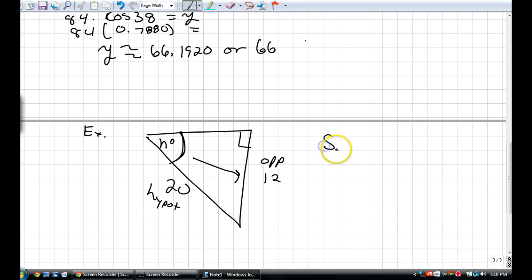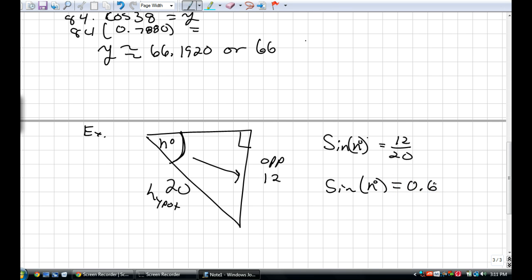I can set up the proportion sine of n degrees is equal to 12 over 20. 12 divided by 20 is 0.6.